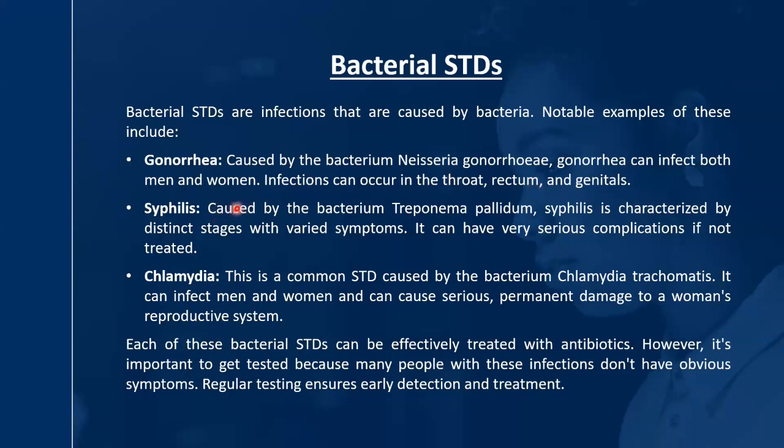Next one is syphilis. It is caused by the bacteria Treponema pallidum. It is another type of bacteria, and it is characterized by different stages with varied symptoms: primary, secondary, and tertiary. This disease can range from very mild to very severe, so it depends at which stage we catch it.